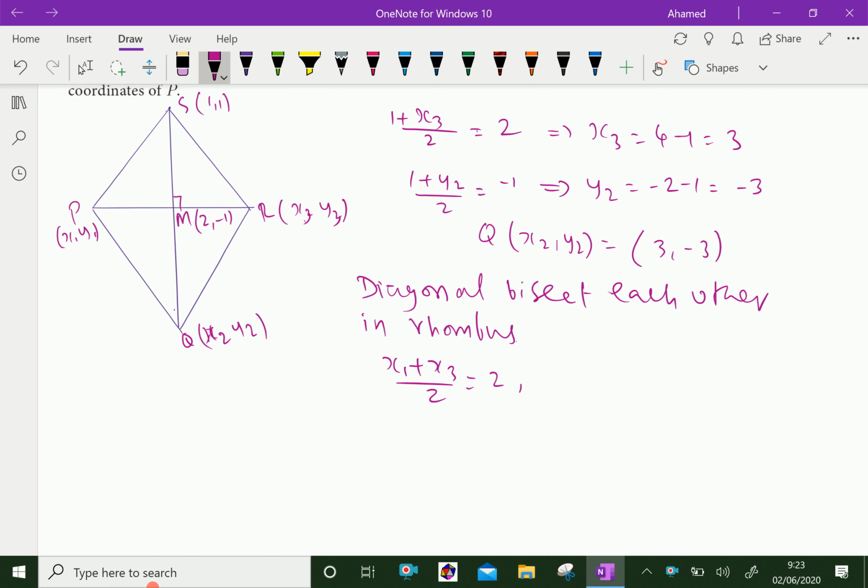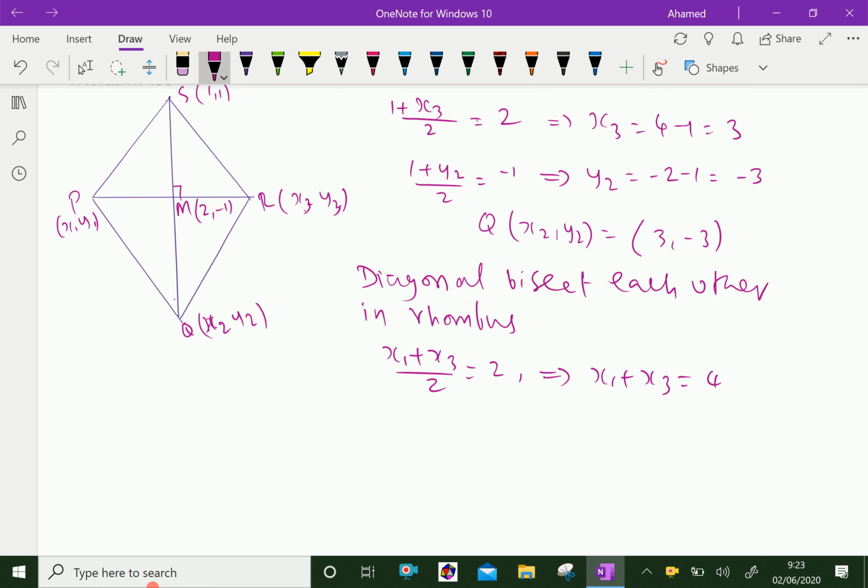From that, x1 + x3 equals 2 into 2, which is 4. Similarly, (y1 + y3)/2 equals minus 1, which gives y1 + y3 equal minus 2. Let these be equations 1 and 2.